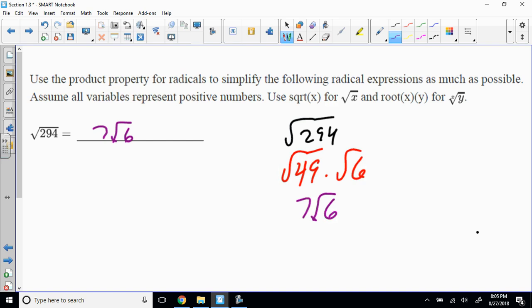If it does, hit the button above it, and it'll give you 7 square roots of 6. If you want to see the decimal, hit the approximate button, which gives about 2.7 for the root of 6, so it ought to be about 15 something.